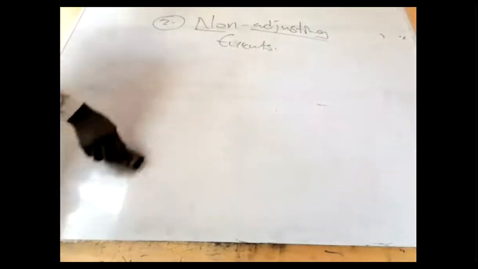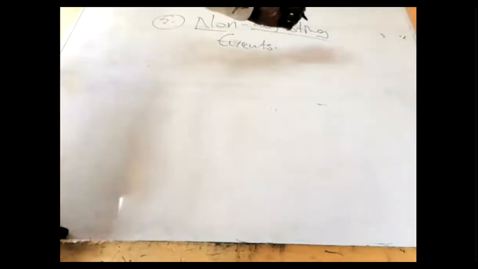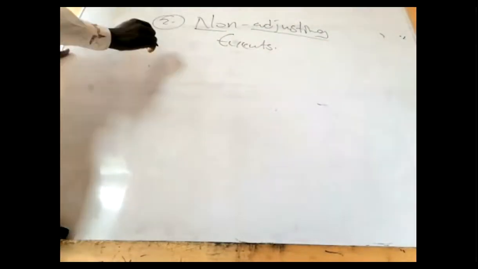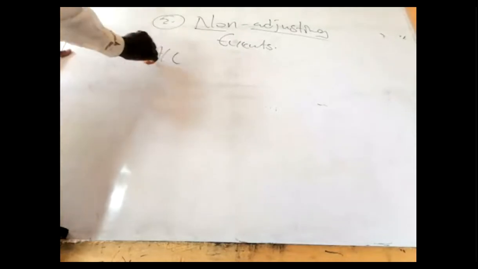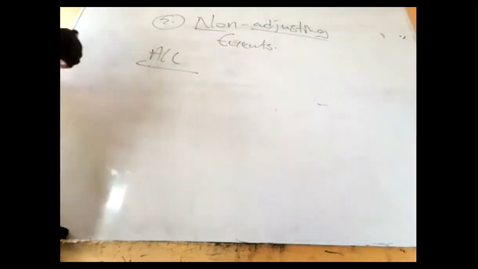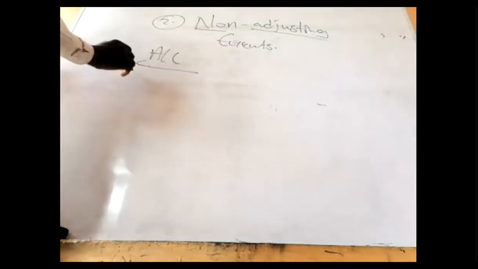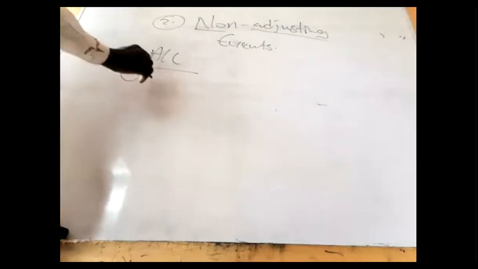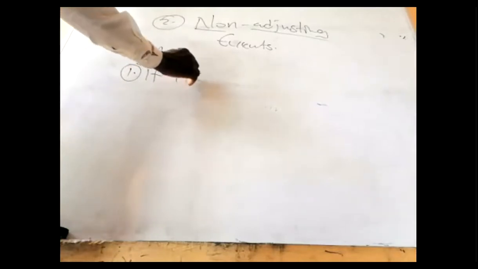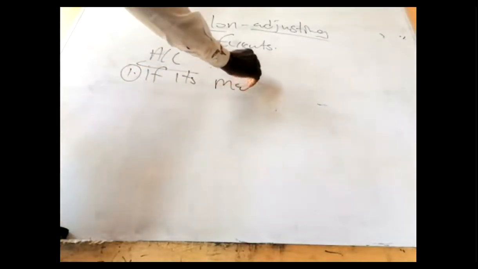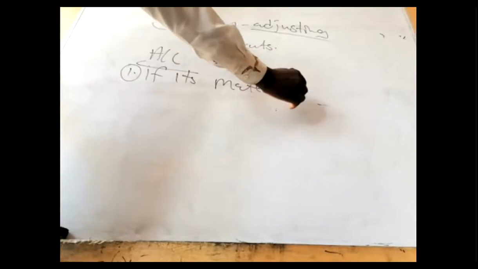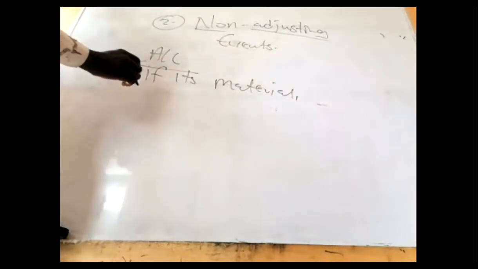So the accounting treatment is: disclose all material non-adjusting events. So number 1, we do nothing. But if material, then we need to what?